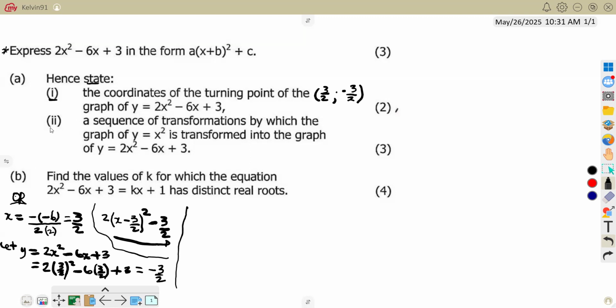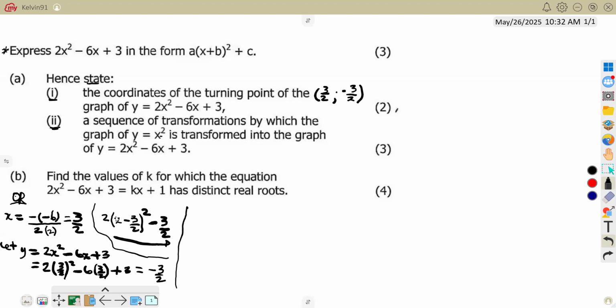Let's go to the second part there. Then they want you to state the sequence of transformations by which the graph of y equal to x squared is transformed into the graph of y equal to 2x squared minus 6x plus 3. If we check the graph of y equal to x squared here, the first transformation, as we can see here, is that we substitute our x by x minus 3 over 2.